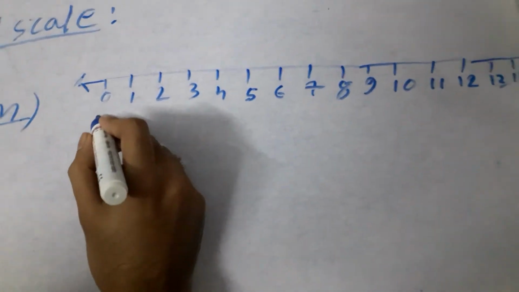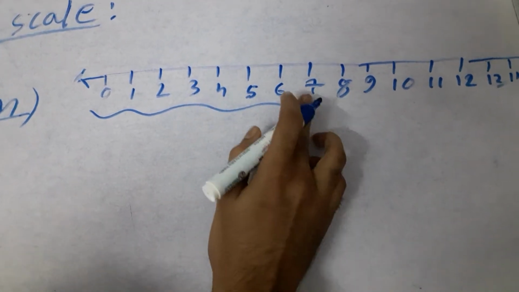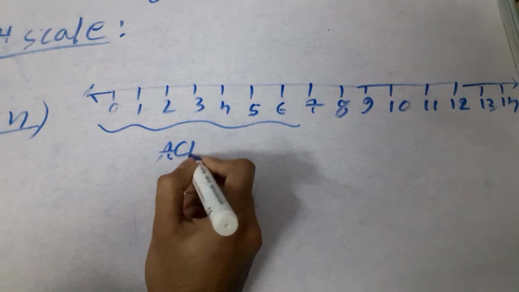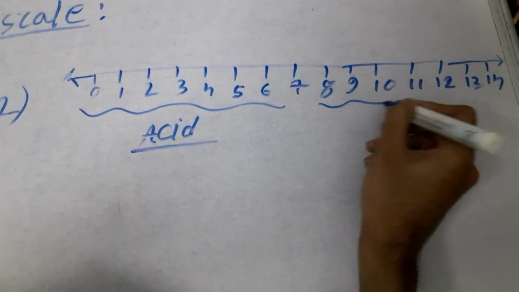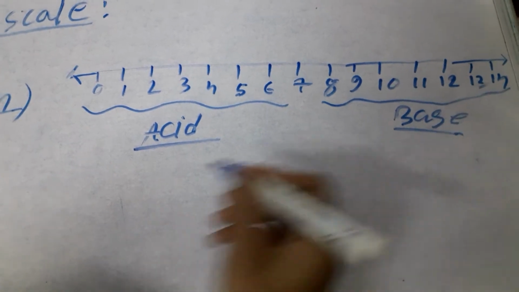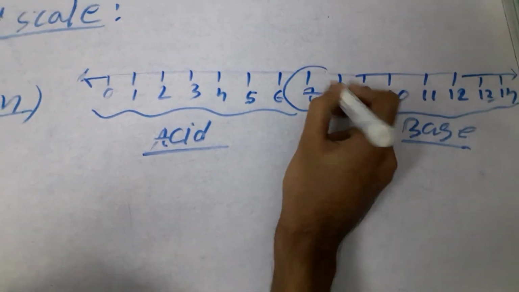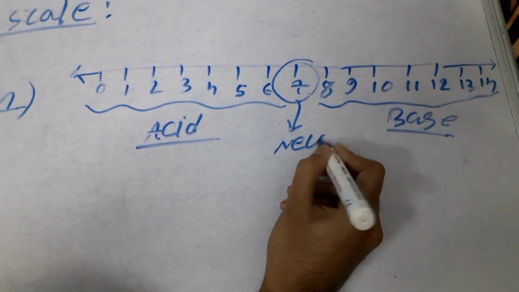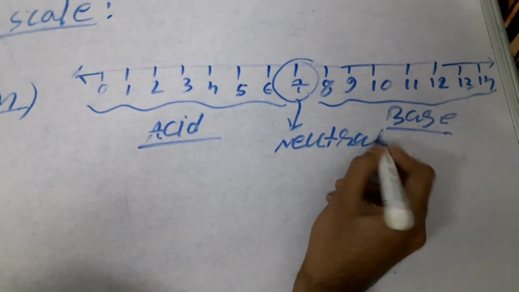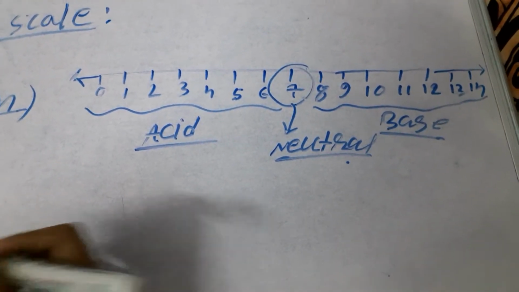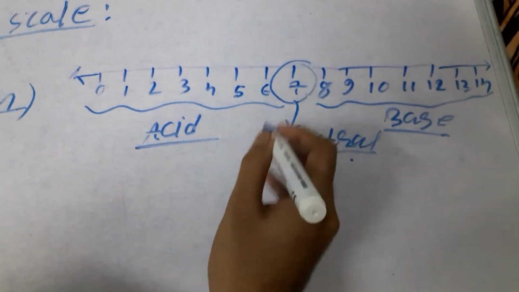In this, 0 to 6 is acid, and 8 to 14 is base. And what about 7? 7 is the neutral one. Those substances that are neutral have pH equal to 7.